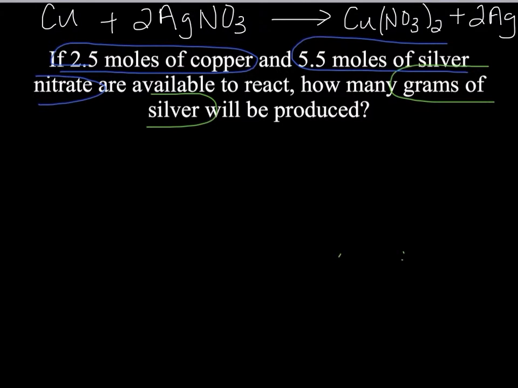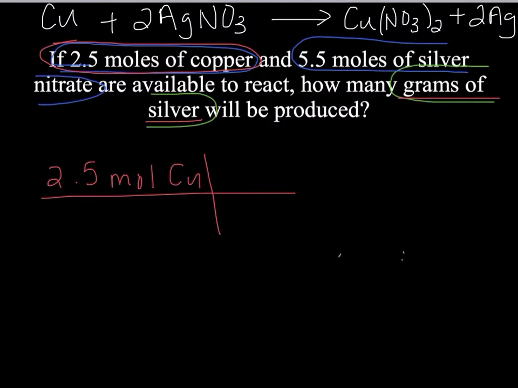In my first T-table, I'm going to start off with 2.5 moles of copper, and I'm going to convert it to grams of silver. So with 2.5 moles of copper, I'm going to have to use my mole ratio between copper and silver to convert to moles of silver.